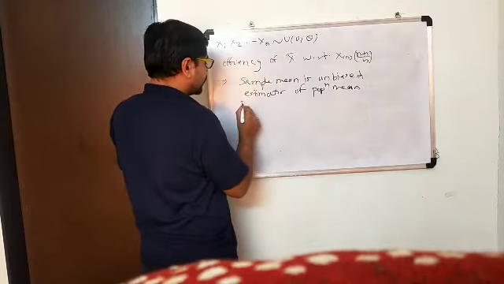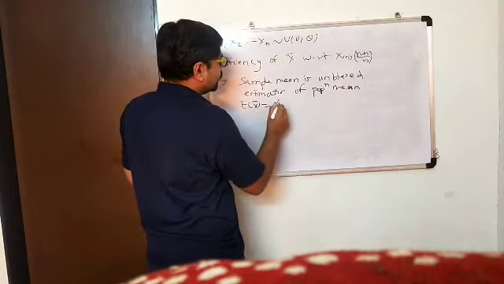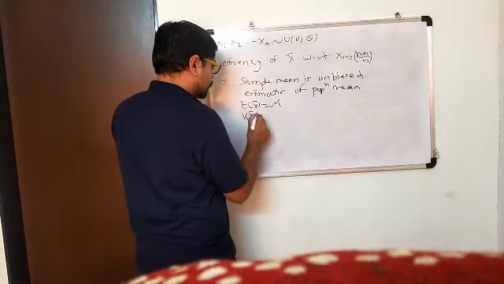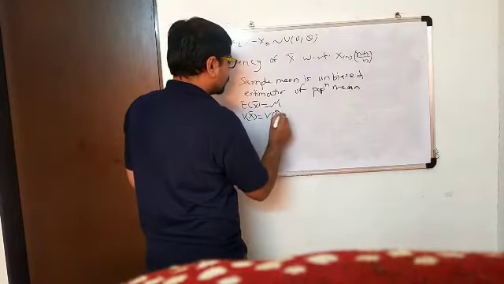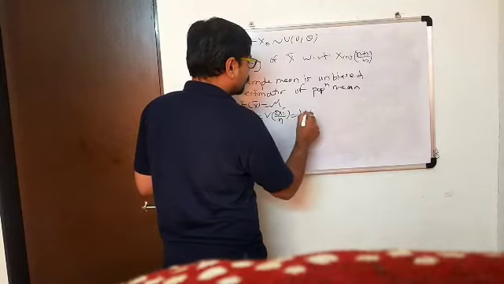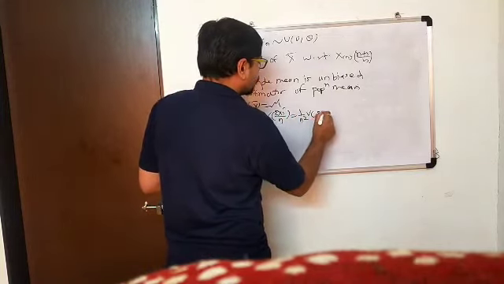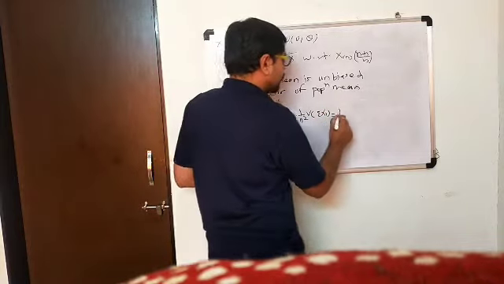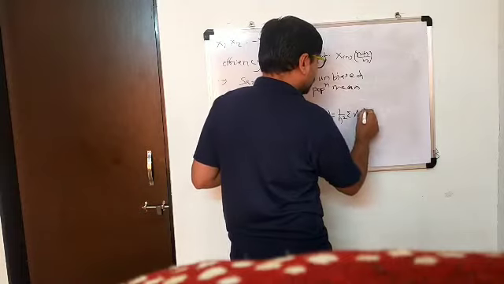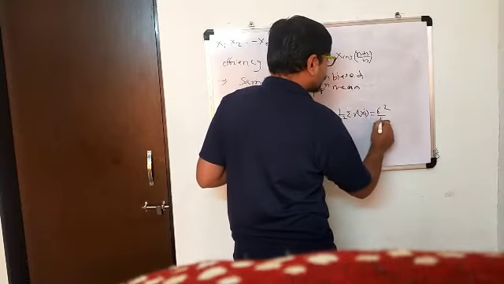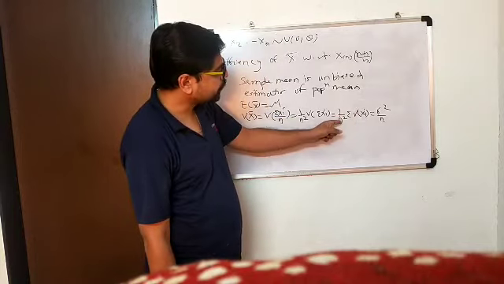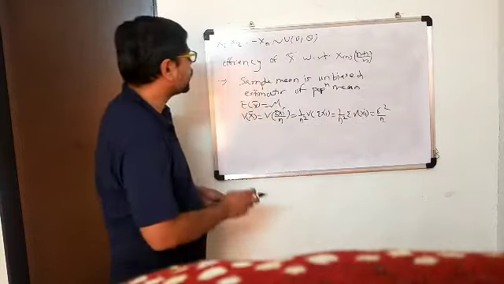So the expected value of X bar is equal to mu, and the variance of X bar is the variance of the summation of Xi upon n, which is 1 upon n square into the variance of the summation of Xi, which is 1 upon n square into the summation of the variances of Xi. Variance of Xi is sigma square, so n times sigma square upon n square, which comes out to be sigma square upon n.